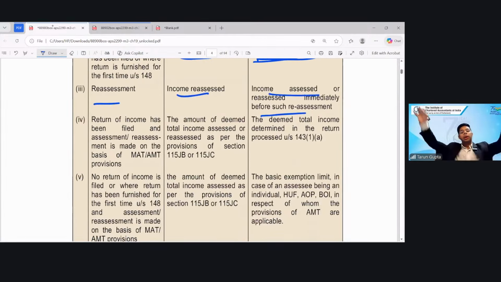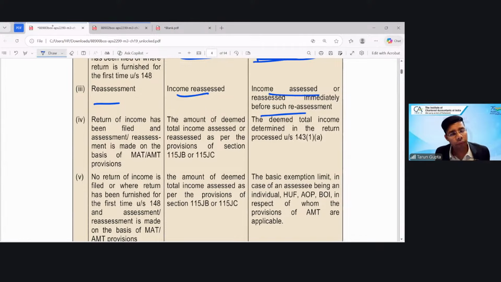Okay. In case of a company, there's a provision of MAT, and in case of other than a company, there's AMT. So if my assessment has been made on the basis of book profit in the case of MAT, or adjusted total income, ATI, in the case of AMT, then I will compare this book profit or ATI with the earlier book profit or ATI.